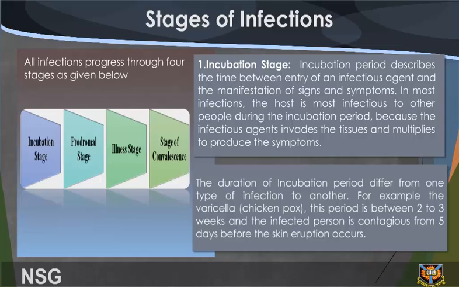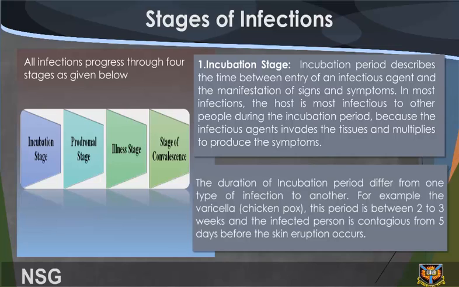1. Incubation stage. Incubation period describes the time between entry of an infectious agent and the manifestation of signs and symptoms. In most infections, the host is most infectious to other people during the incubation period because the infectious agent invades the tissues and multiplies to produce the symptoms.